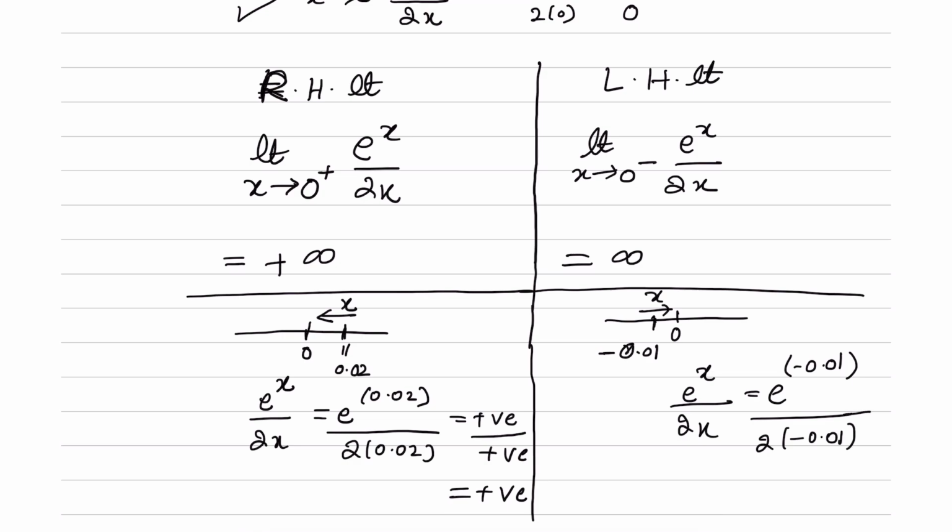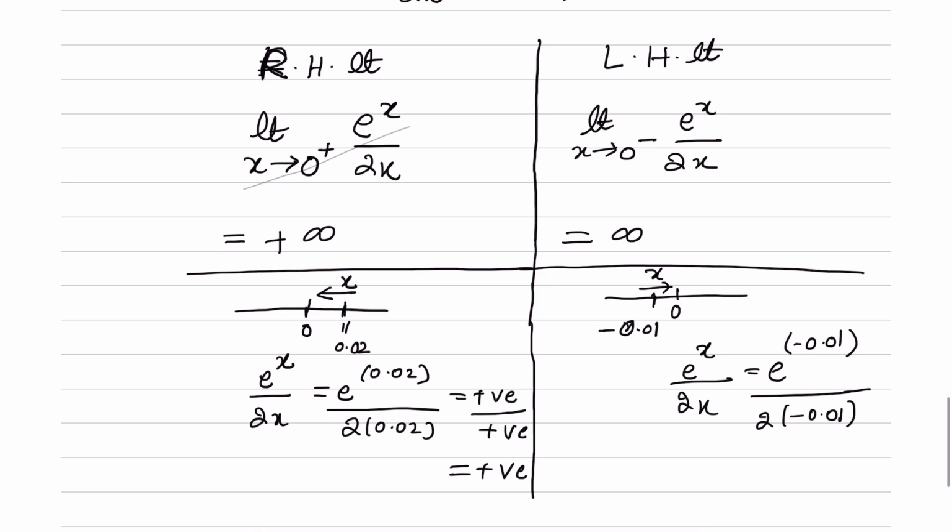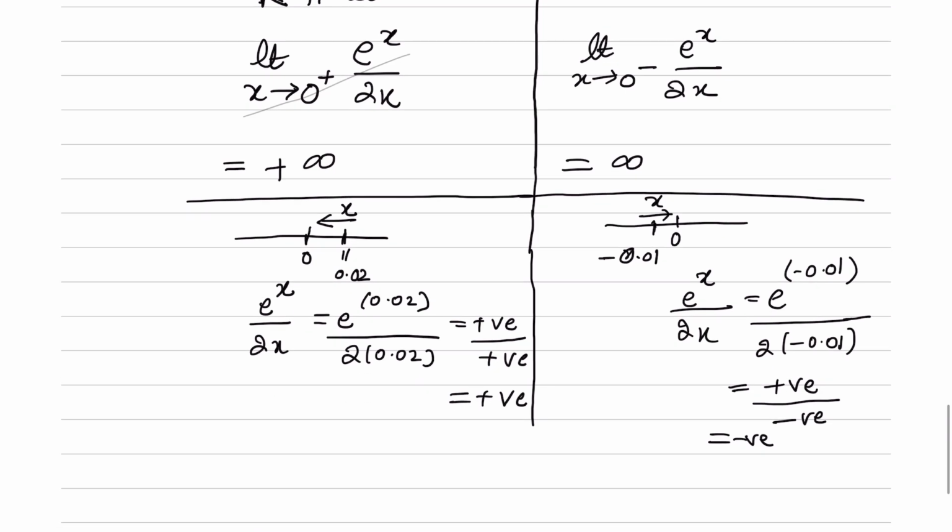Know that the answer of exponential function is always positive, no matter if you have a negative number. You can also check it in calculator. E power minus 0.01 is going to be a positive number. So in numerator you have positive answer, and in denominator 2 into minus 0.01 is definitely a negative number. So positive by negative is negative. So here along with infinity on the left hand limit side we will put a negative sign.